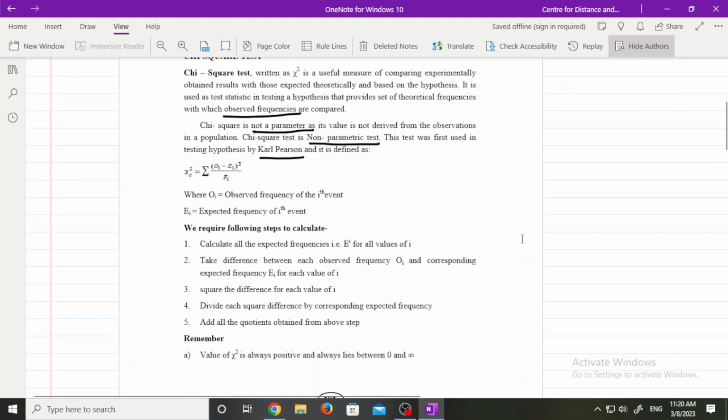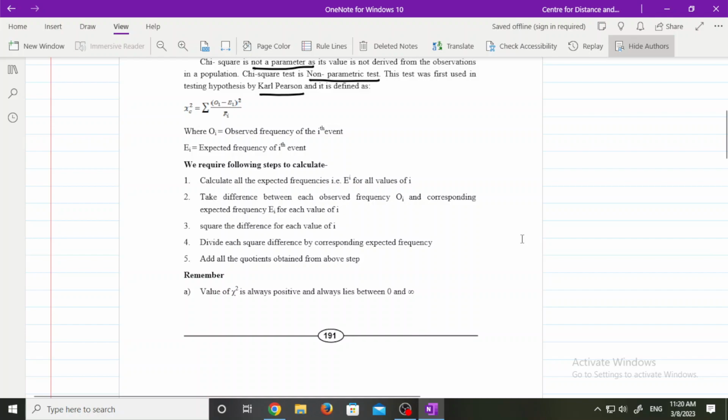Now, we require the following steps to calculate chi-square.